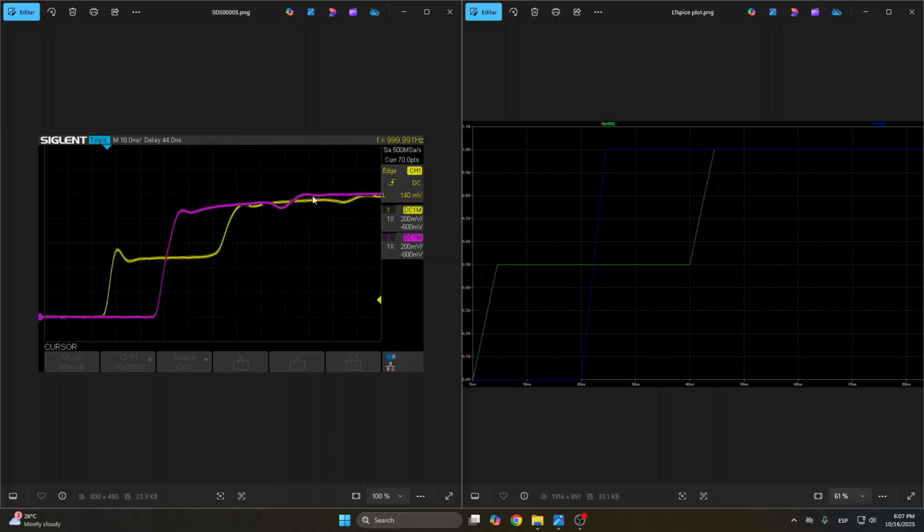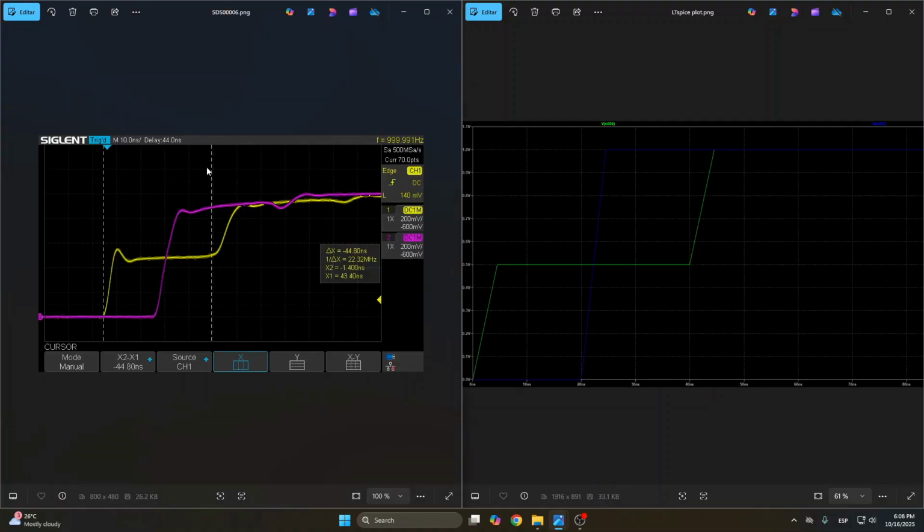All these non-idealities are part of the parasitic or non-ideal parameters of the components, and also there are some imperfections in the connectors, like for example, they don't have exactly 50 ohm impedance matching, and there are some discontinuities in the connectors as well, because connectors are not perfect, so every transition produces small reflections that will be shown in this graph. But overall, the signal response is pretty similar to what we expected from the simulation.